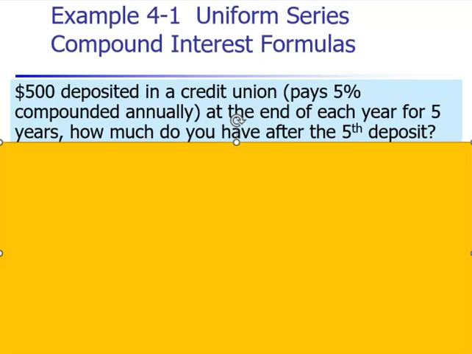Okay, $500 deposited in a credit union pays 5% compounded annually. So everything is real. At the end of each year, for 5 years, how much do you have after the 5th deposit?